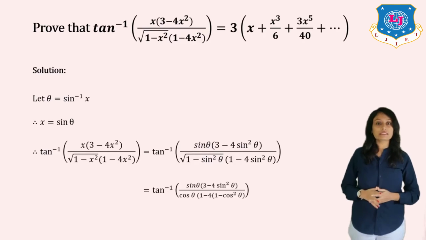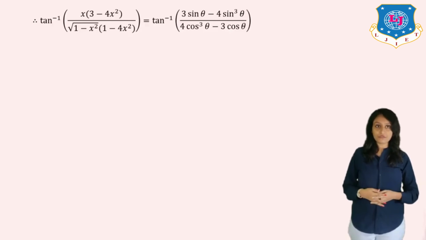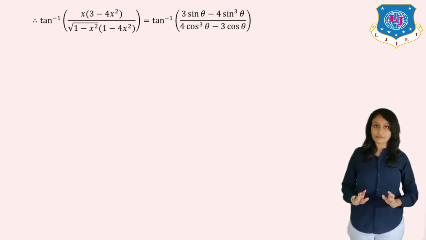The numerator is kept as it is, just simplify the denominator. 1 minus sine square theta is cos square theta, and under root it is cos theta. Now multiply this cos theta in the denominator and simplify, so you will get tan inverse of 3 sin theta minus 4 sin cube theta upon 4 cos cube theta minus 3 cos theta.